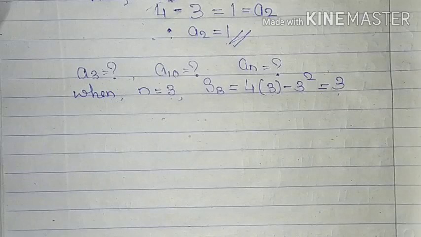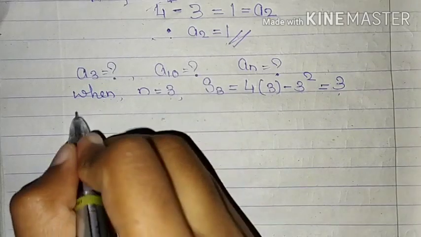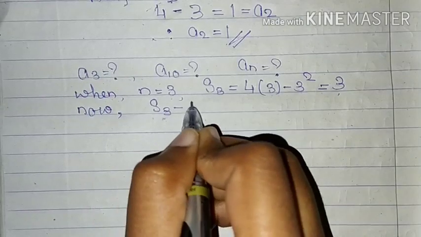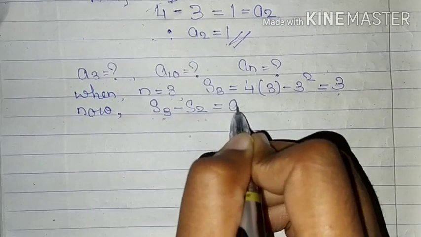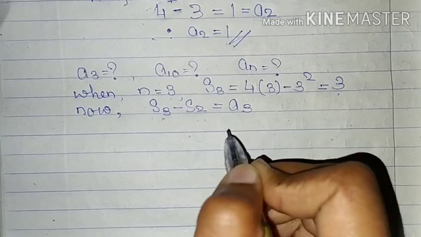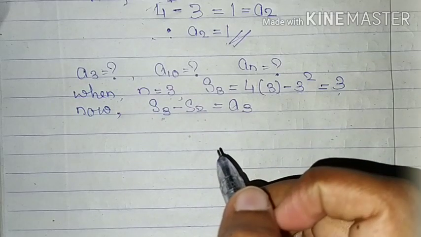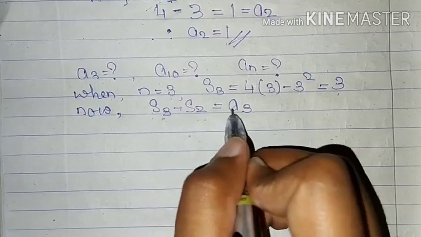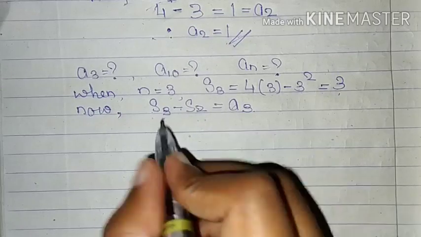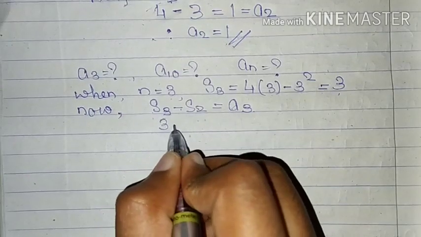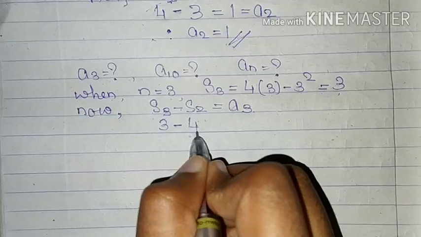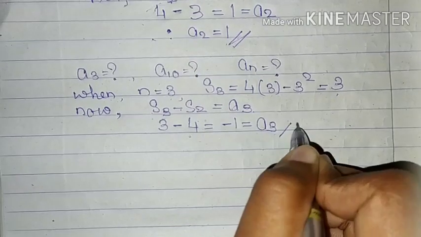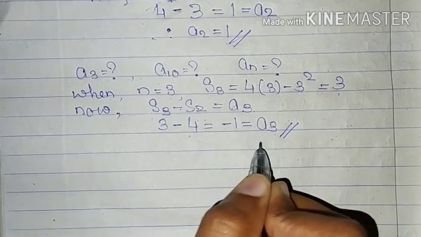So the value of our S3 is 3. Now S3 minus S2 will give us A3, by making use of Sn plus 1 minus Sn giving us An plus 1. We know that the value of S3 is 3 minus the value of S2, which is 4. 3 minus 4 is minus 1, which is equal to the value of A3. So the third term is A3.